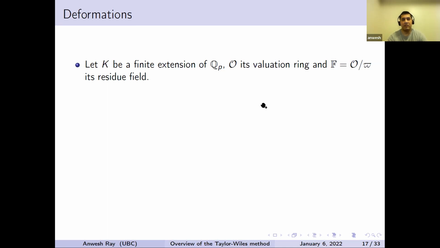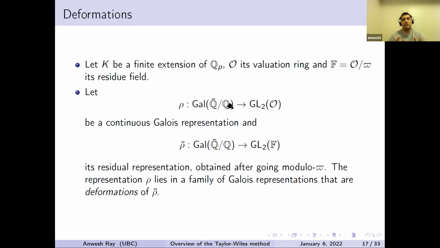Okay, so I hope that was the only question. Suppose we have a Galois representation rho from the absolute Galois group to GL2 of O, and then we have the residual representation rhobar. Now this Galois representation rho, and you might think of something coming from a modular form or maybe something coming from an elliptic curve, lies in a family of Galois representations which are deformations of rhobar.